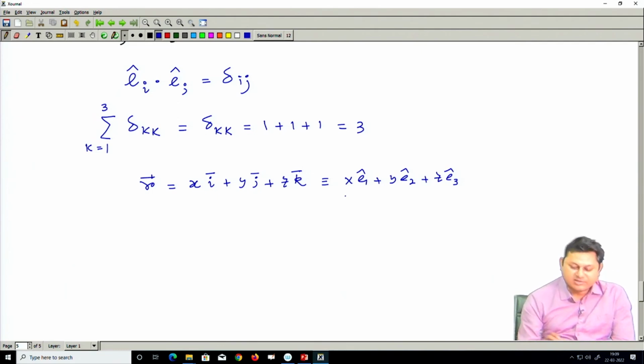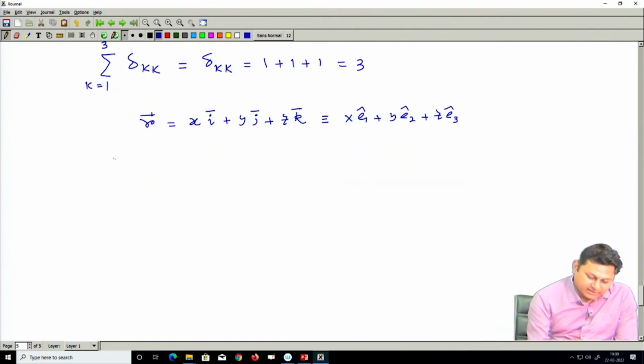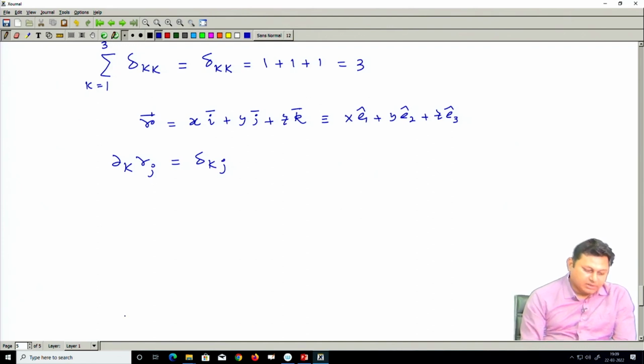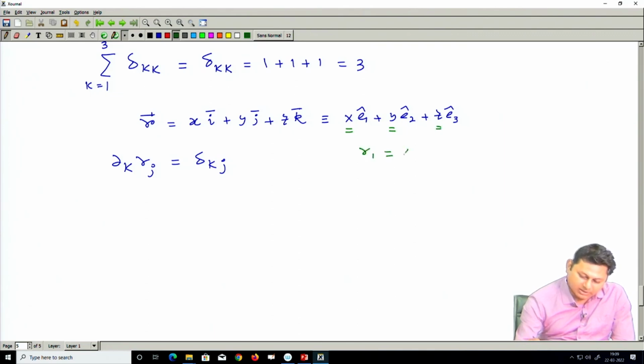The same thing as i j k, just a difference in the notation, but the things are the same. Well, now if I take a derivative, for example, of any component r_j, it should be simply delta kj, right. Here, different components means I am talking about x, y and z. So, that means r1 is nothing but x, r2 is nothing but y and r3 is nothing but z.